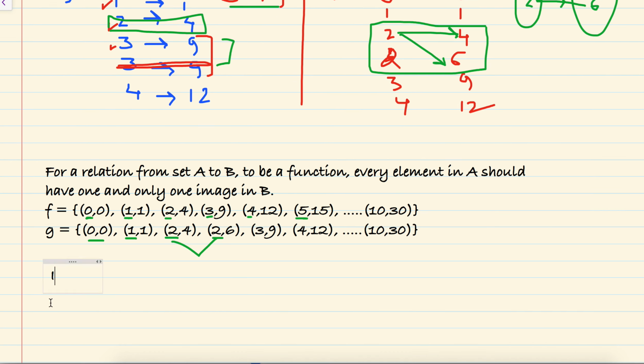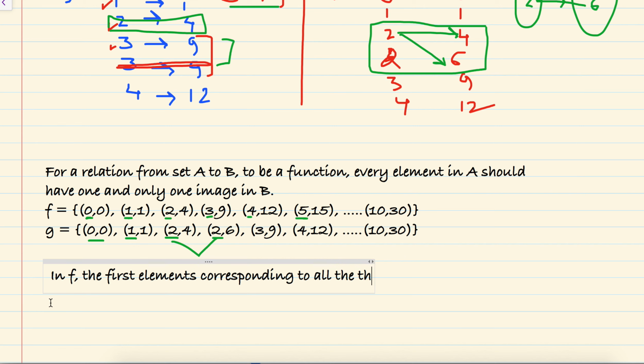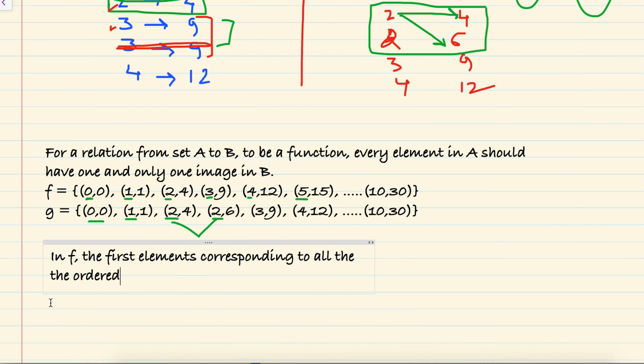So we will write in F the first elements corresponding to all the ordered pairs are distinct. So F is a function.